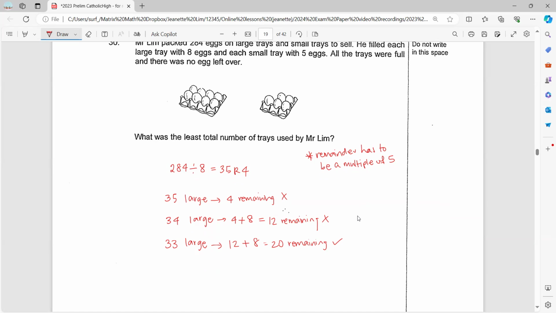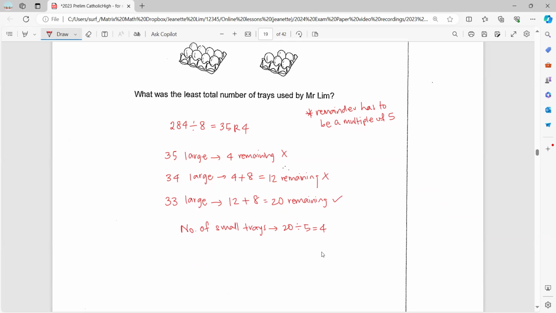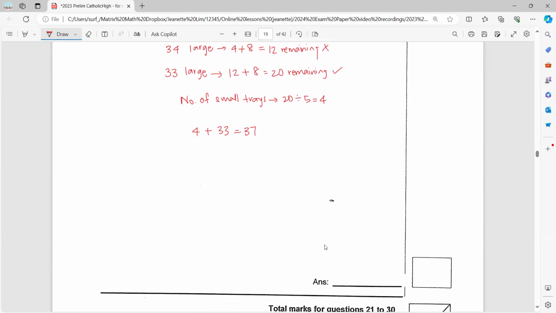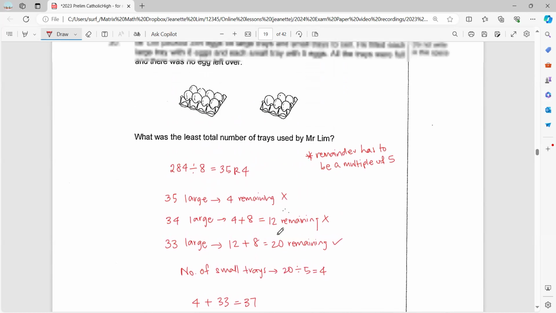So how many small trays? Twenty divided by 5, 4. So 4 plus the 33 large trays, total 37. Okay, so this is the least number of trays that we can have in order to fit all the eggs.